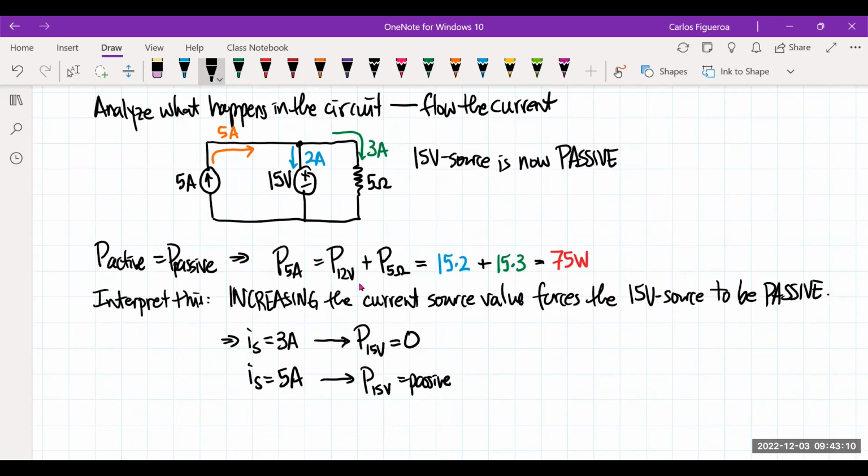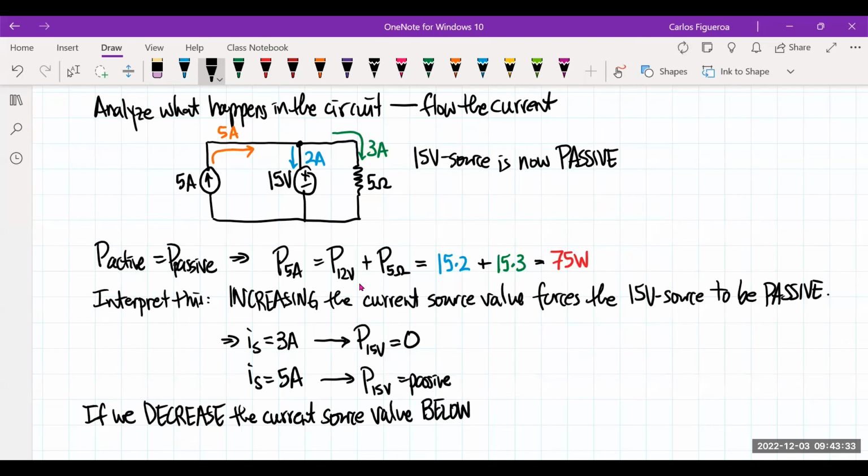So what this tells me here is that if we decrease the current source value below 3 amps, the 15 volt source becomes active.